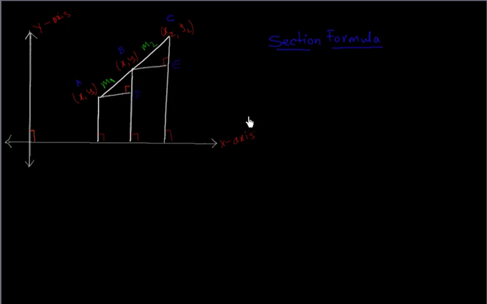So by angle similarity, we can say that triangle ABD is similar to triangle BCE, right?